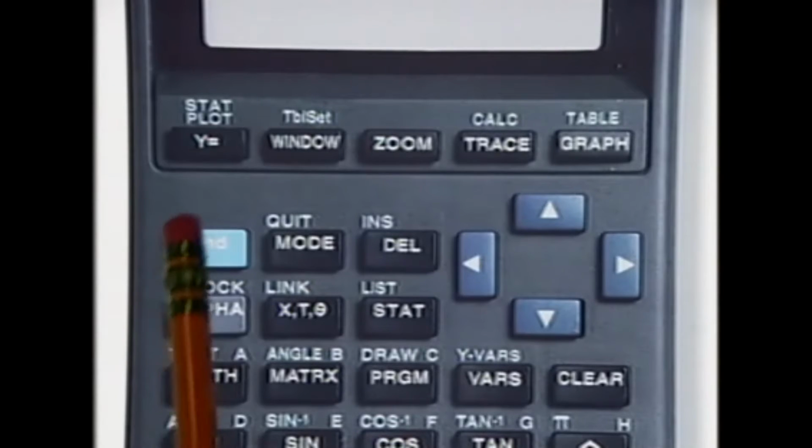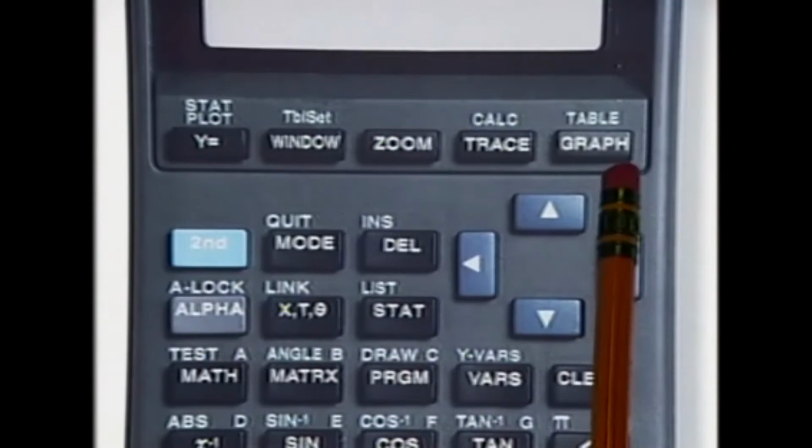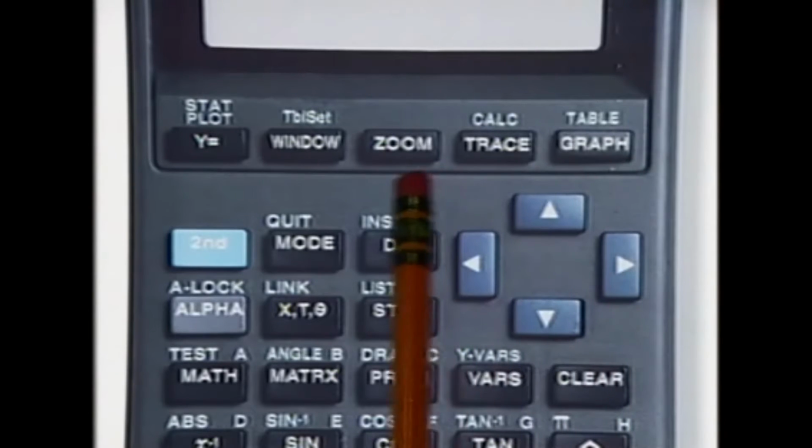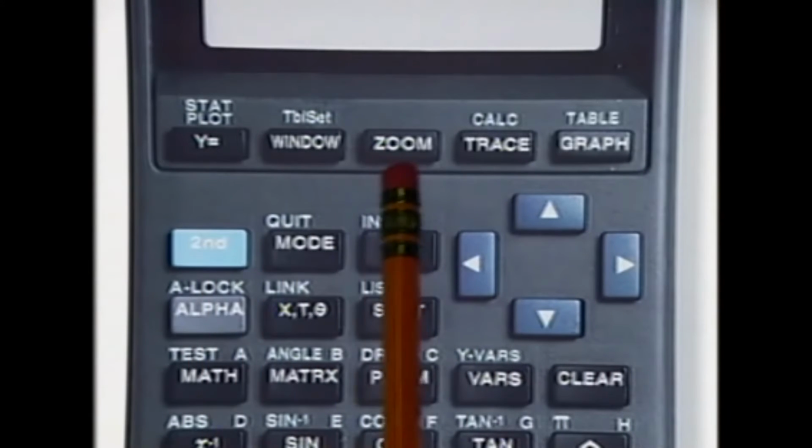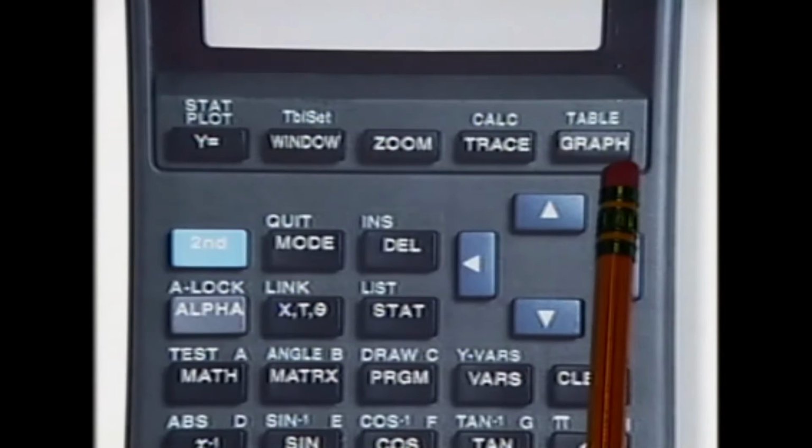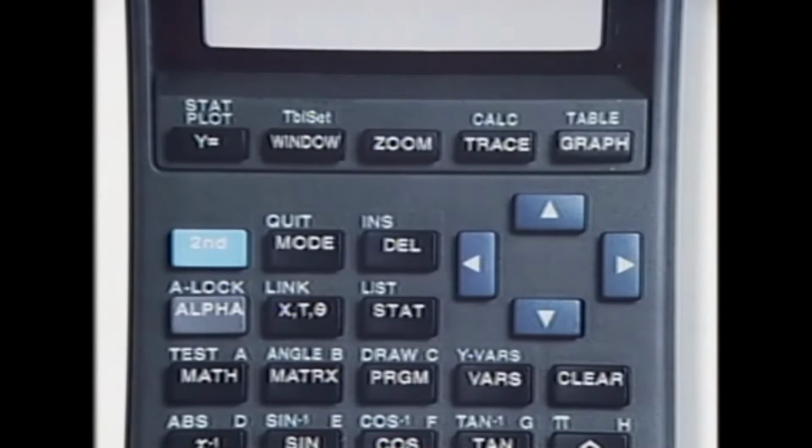This first row of keys, 1, 2, 3, 4, 5, right below the monitor, is called the graphing keys. We are going to use these very frequently. On the second row, we have this second key, very important. You know that from your scientific calculators. It accesses the light blue section of each key, which is above the key.